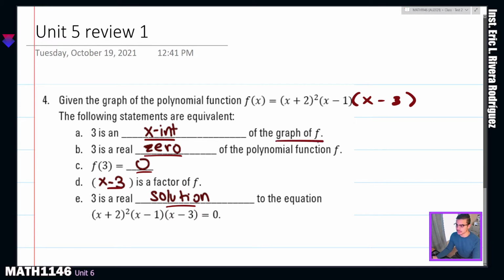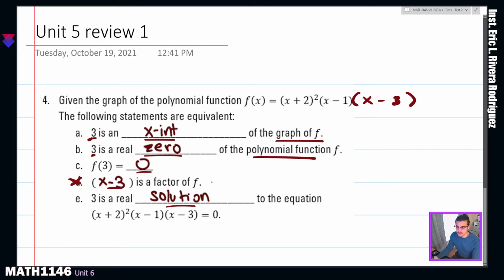If we are talking about the graph, you want to refer to 3 as an x-intercept of the graph f, right? When we're talking in a polynomial function context, we refer to 3 as a real 0. When we are evaluating the polynomial function with x equal to 3, then its value is equal to 0. This one is important.